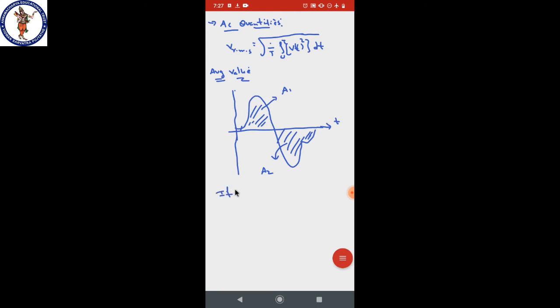Now if A1, this positive area, is equal to the negative area A2, it will be symmetrical. If A1 is not equal to A2, it will be asymmetrical.